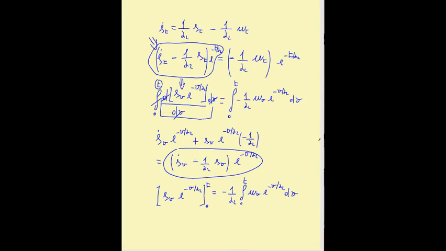So we have s t e to the power of minus t over alpha 2, which is the value of the function if v is equal to t, okay, minus s 0 e to the power of 0 if v is equal to 0.